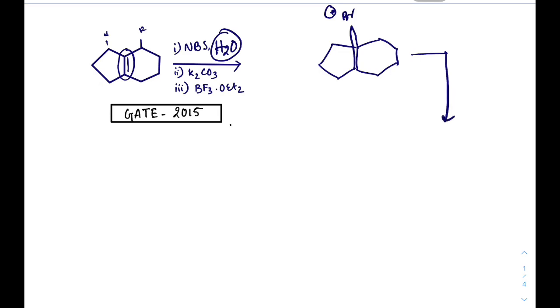Now in the presence of base, K2CO3 is a base and it provides OH minus, which will form an epoxide from the bottom because this is from up, and the reaction goes like this.